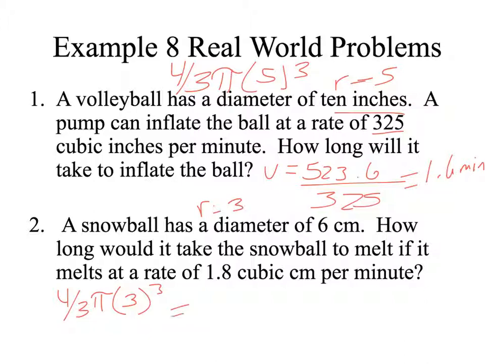And we're going to find out that our volume of our snowball was 113.1. And again, we're going to divide by the 1.8. And we would find that it would take 62.8 minutes for our snowball to melt.